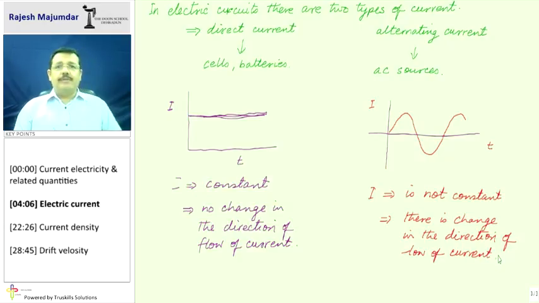Presently we won't be able to make you understand how this is done. There are generators, machines by which alternating current can be produced. We will talk about that maybe in the next few lessons, but presently we only have to understand that there are two types of current. One is called direct current, the other is called alternating current. These are the currents that we have to discuss for the time being.